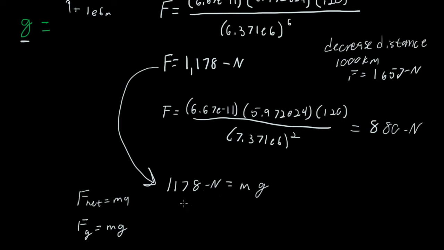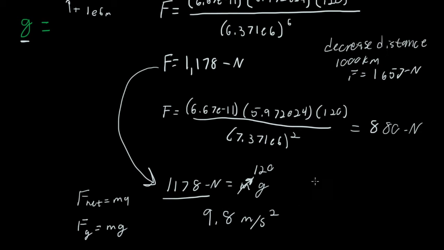So when we take this value, we would replace m with 120. If we take this 1,178 divided by 120, what do we get? We get 9.8167. And so we would round that to 9.8 meters per second squared.